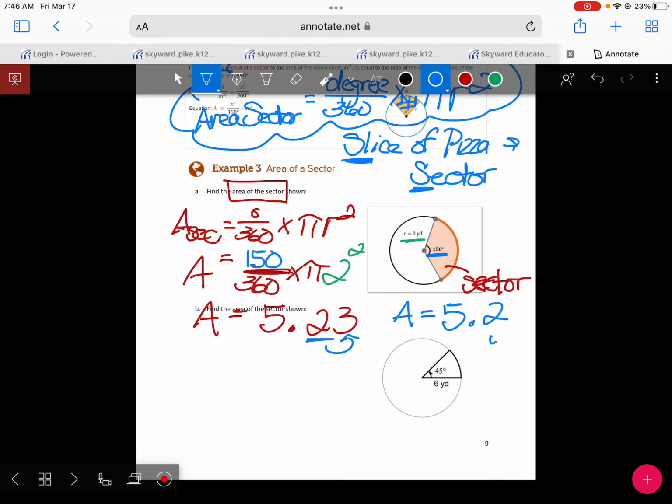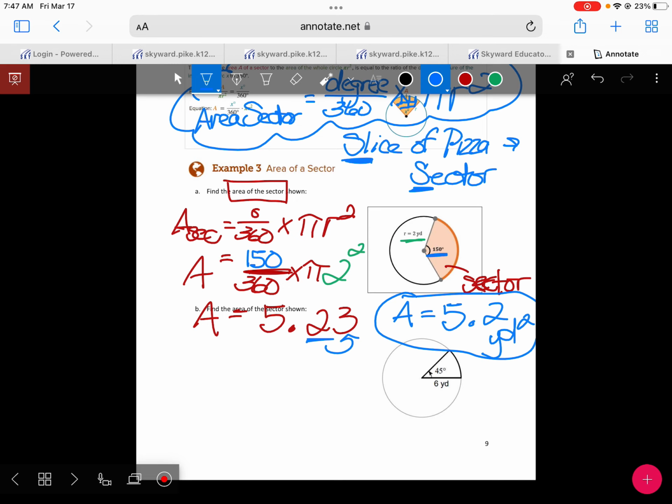My unit is yards squared. Now, is anybody having trouble getting that 5.23? It's a little tricky on the calculator. If you are, please raise your hand so I can help you. No?